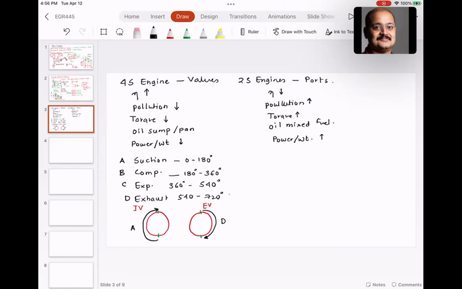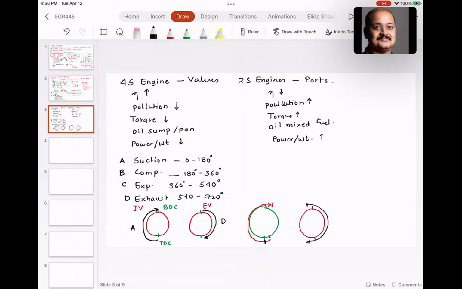Now, if you understand the valve timing diagrams, this is TDC, this is BDC. Intake valve typically opens before TDC because air needs some time to go in, and closes after BDC. If you look at the exhaust valve, it opens before BDC and closes after TDC.